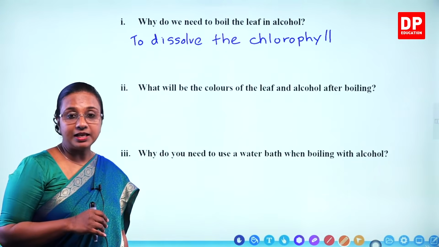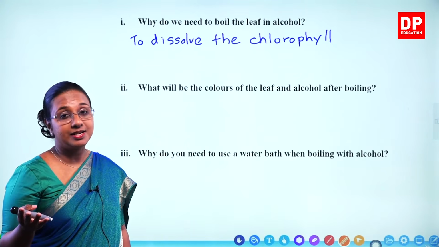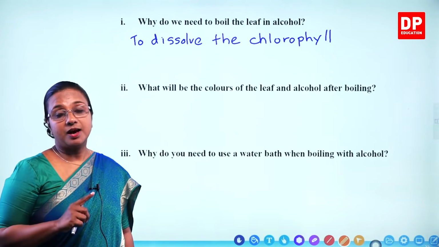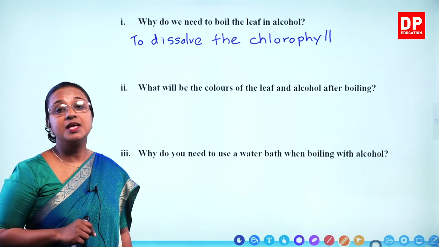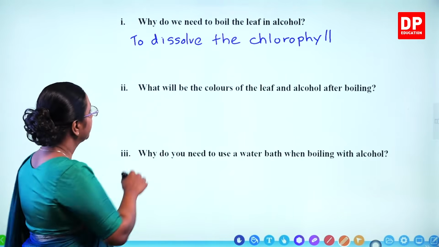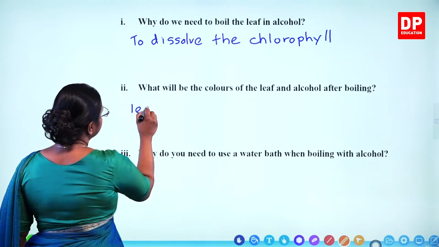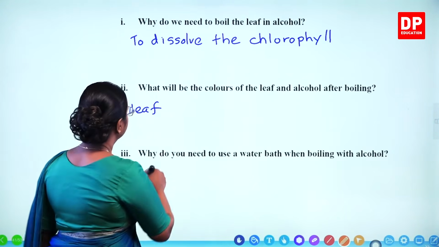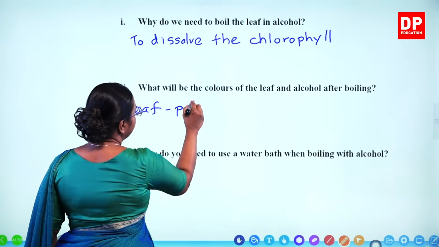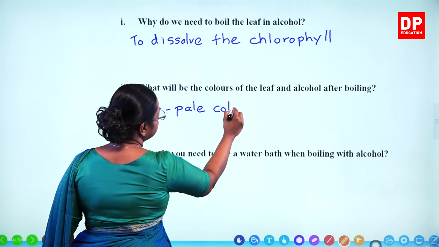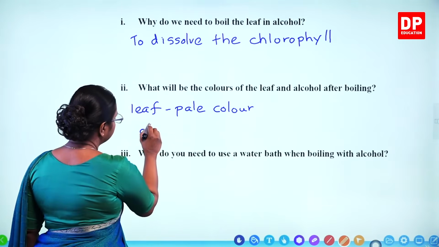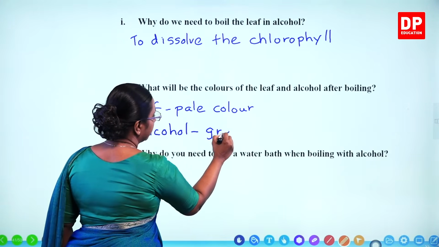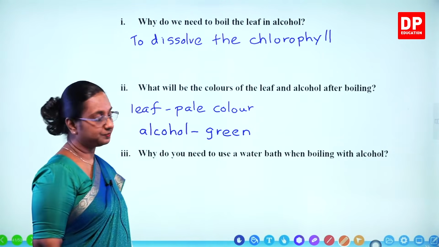Initially the leaf will be green color, alcohol is colorless. What did you see during the activity? Alcohol becomes green, the leaf becomes pale in color. So here this is after the boiling with alcohol. So leaf will be pale color, alcohol will be green in color.